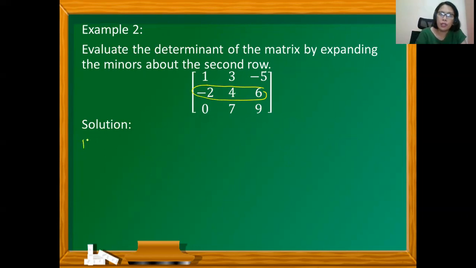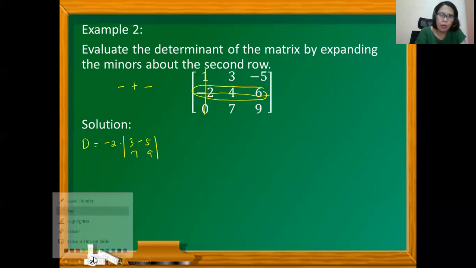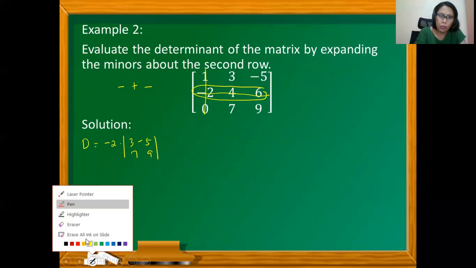So D is equal to negative 2 times its minor. So we're going to remove the second row and first column. So there remains 3, negative 5, 7, and 9. And then, since it is the second row, the signs must be negative, plus, negative. So there should be a negative operation prior to negative 2.